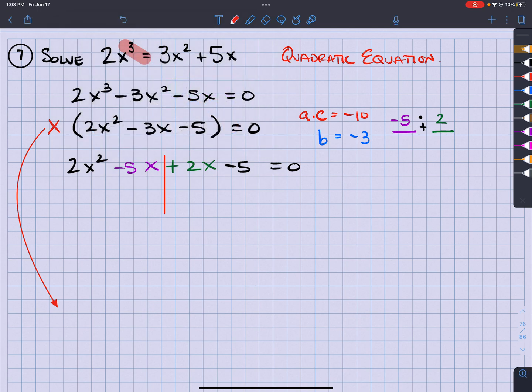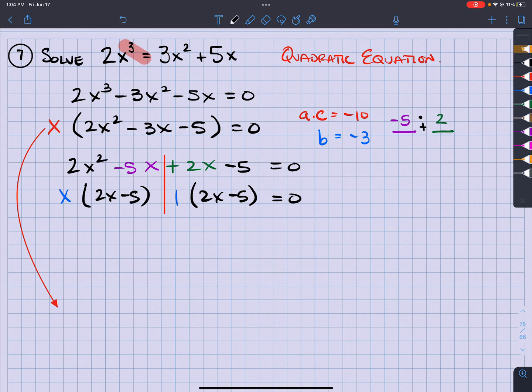GCF of the first group is x. You know what? Let's not confuse people. It's x, leaving me with a 2x minus 5. GCF of the second group is just a plain old 1, leaving me with a 2x minus 5.